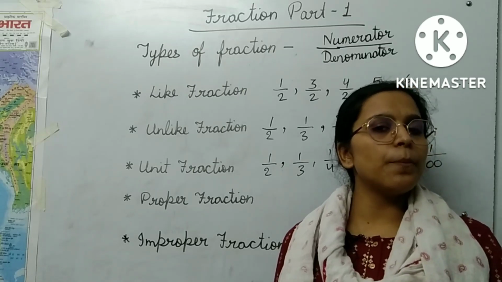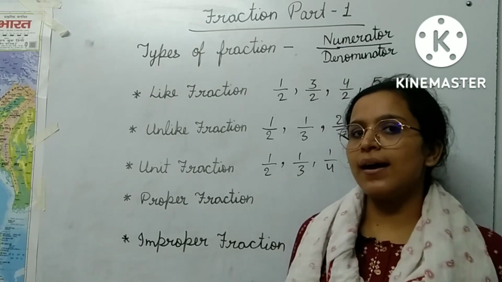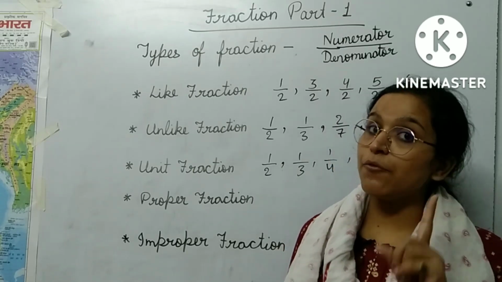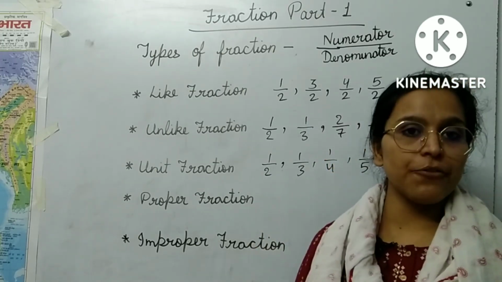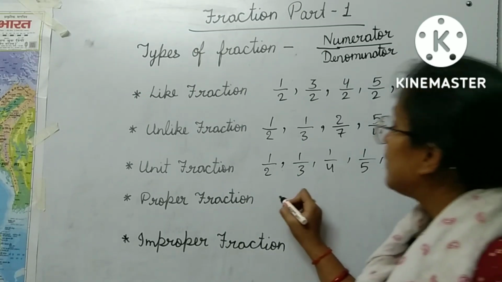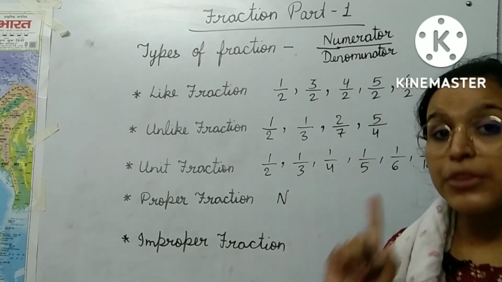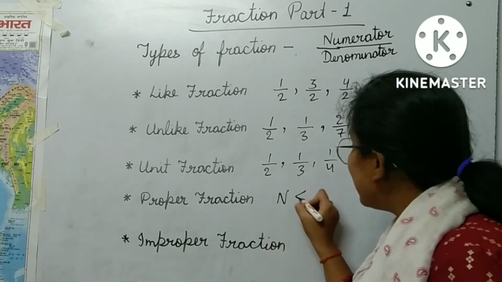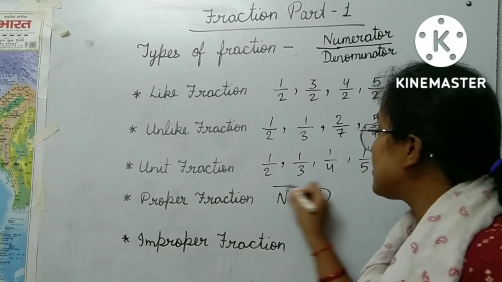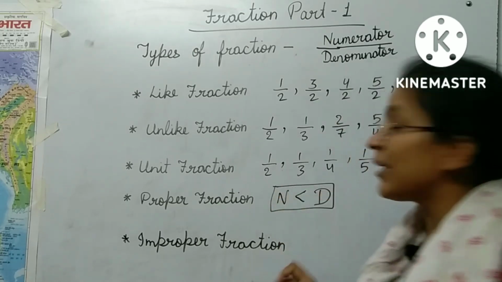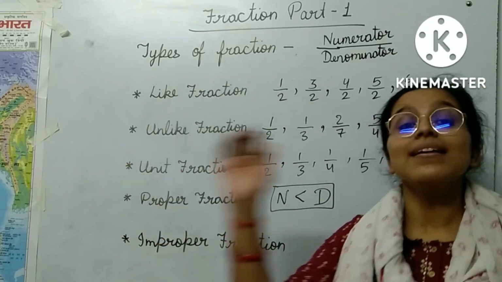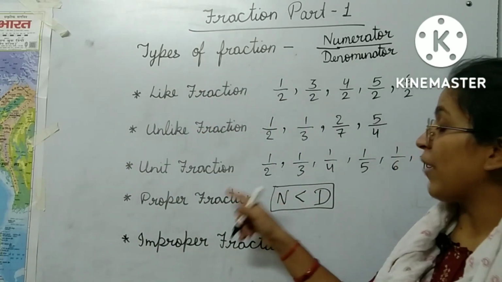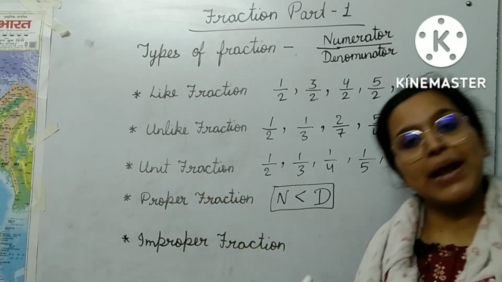If you have a copy, please note down what is proper fraction and what is improper fraction. What is proper fraction? When the numerator is less than the denominator. When the numerator is small and the denominator is big, we call this fraction a proper fraction.